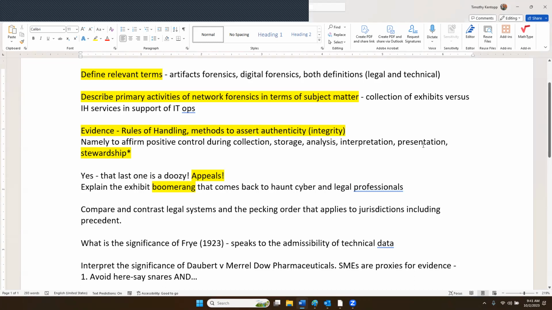Put another way, let me ask the question another way. Are you done maintaining positive control over digital evidence after the court case is settled? No. That's correct. A decision that's rendered can be appealed, and it can be appealed years after the fact.